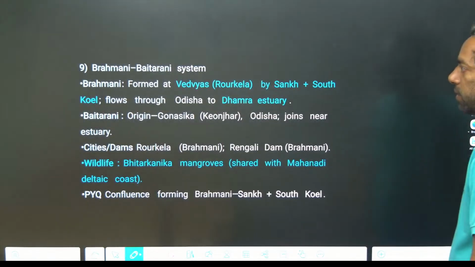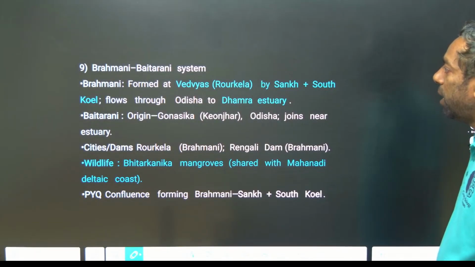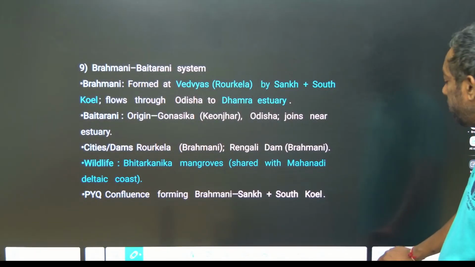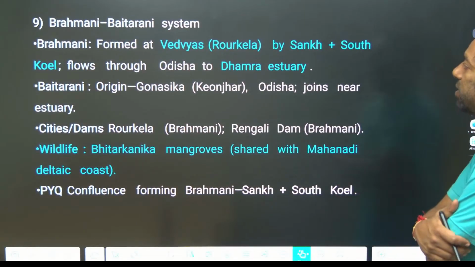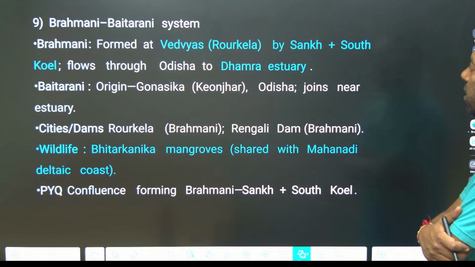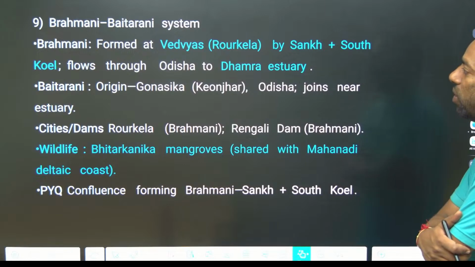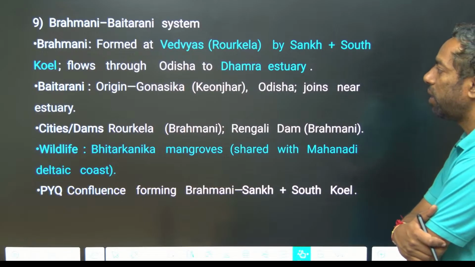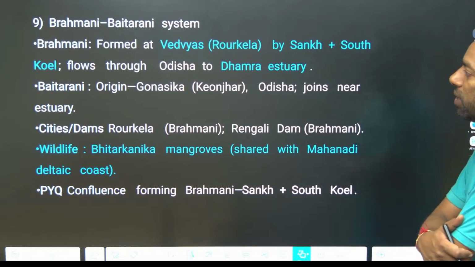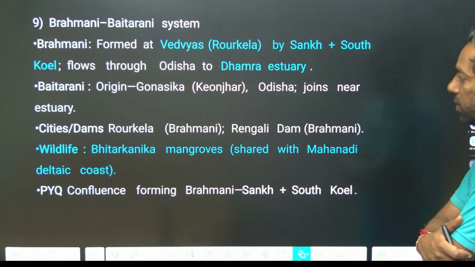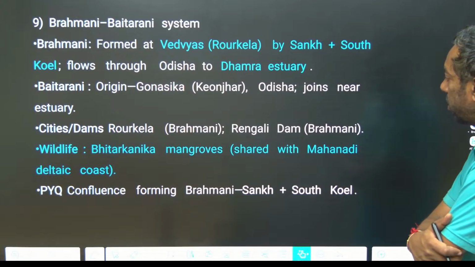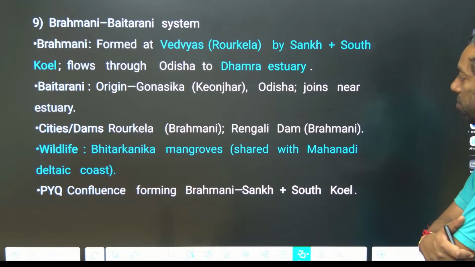Next, Brahmani Baitarani system rivers. Brahmani is formed in the Vindhya ranges, Rourkela, and flows through Odisha to the Dhamra estuary. Baitarani originates in Gonasika, Odisha, and joins near the estuary, and it is known for dams and wildlife, Bhitarkanika mangroves.